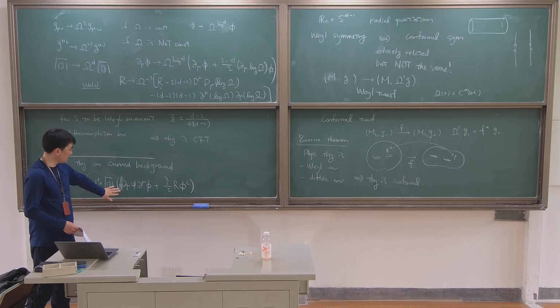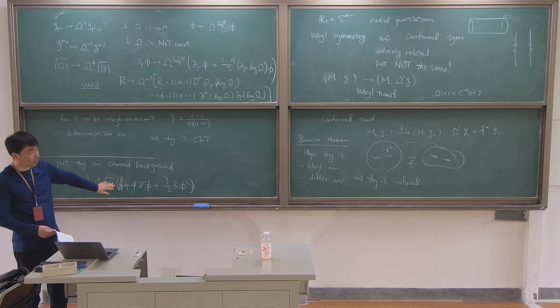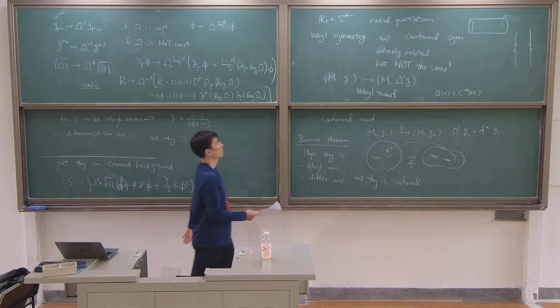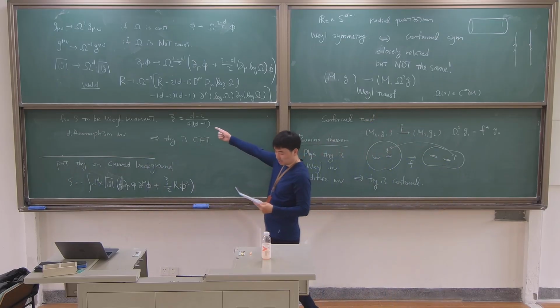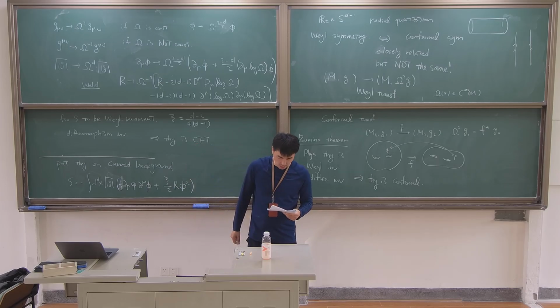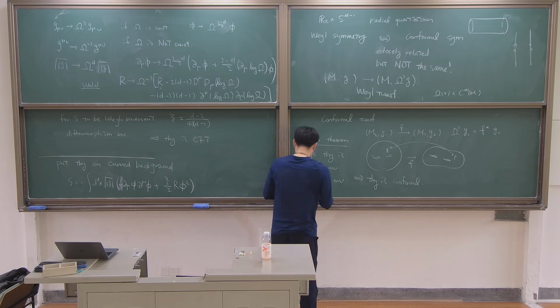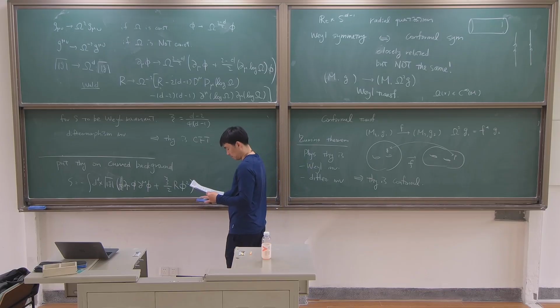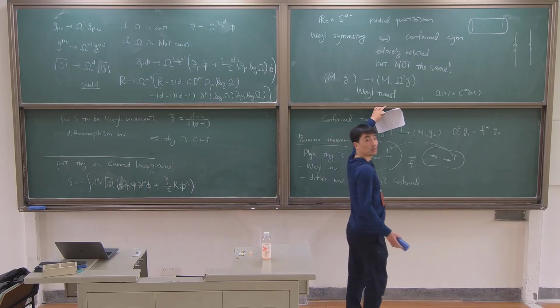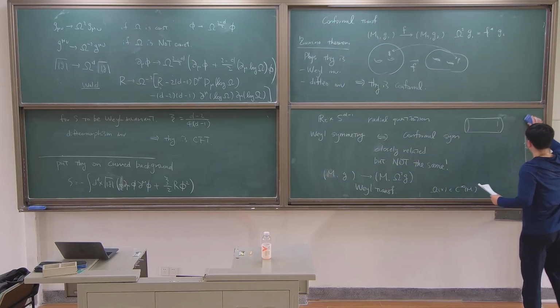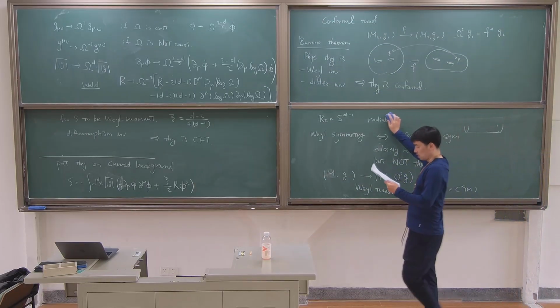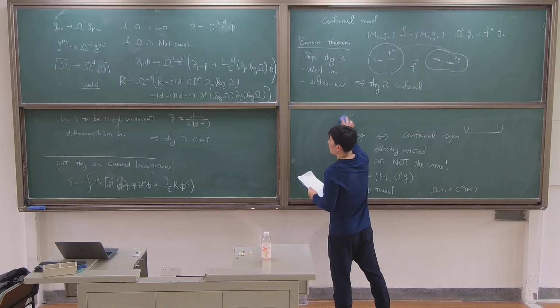Since this action is diffeomorphism invariant, one can see that only for this particular value of C does this theory become conformally invariant. So this will become important later.